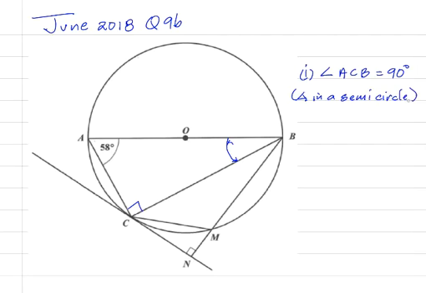Once that angle is equal to 90, I can say that angle ABC is equal to 180 minus 58 plus 90 degrees, because these three angles are angles in a triangle, and angles in a triangle add up to 180 degrees.